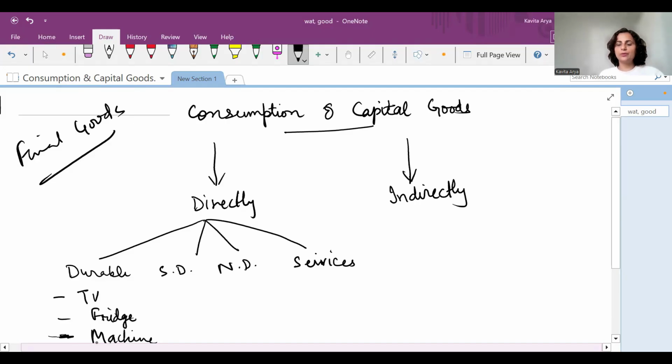When we talk about semi-durable, these are all those things which can be repeatedly used, but that repetition doesn't go beyond a period of 1 year. Sometimes we are using it repeatedly and then they get worn out.